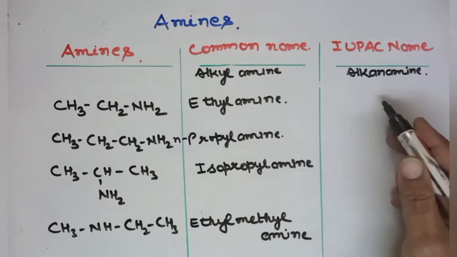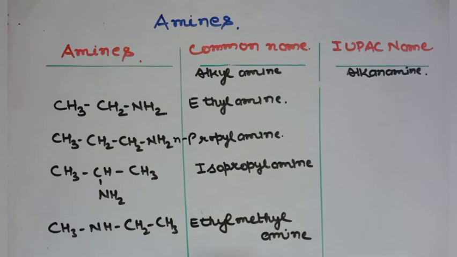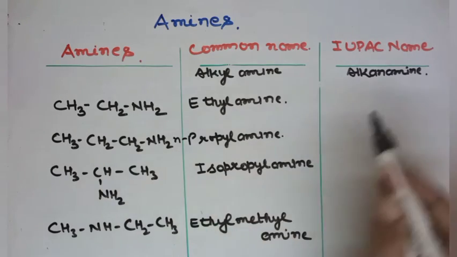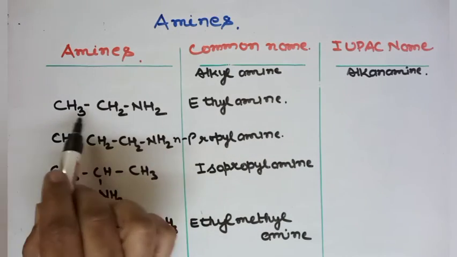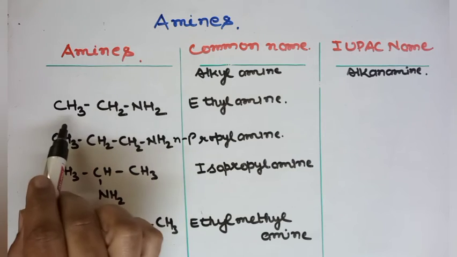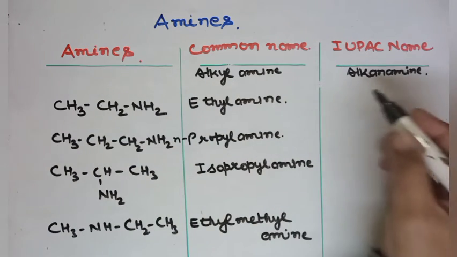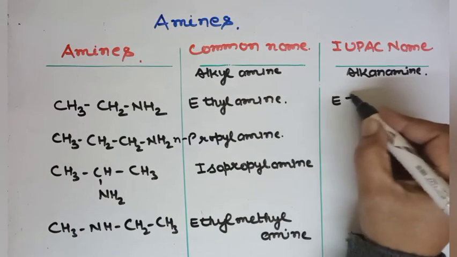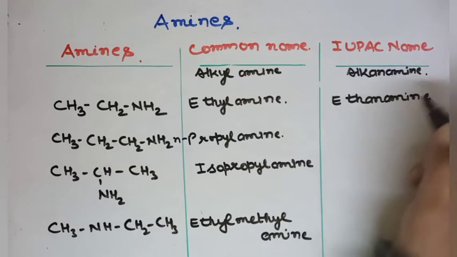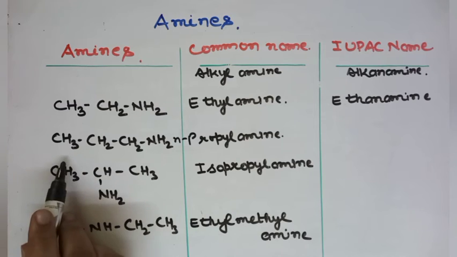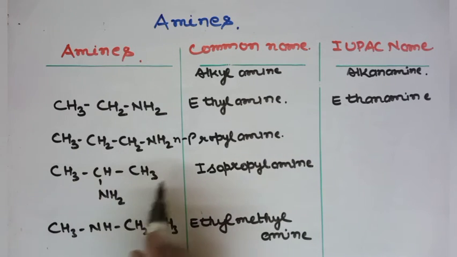Now we will write the IUPAC name. In the IUPAC name, as we have to end it with alkanamine, and this one has 2 carbon atoms, so this is ethane, so its name will be ethanamine. And this one, which has 3 carbon atoms, we will write as propane.